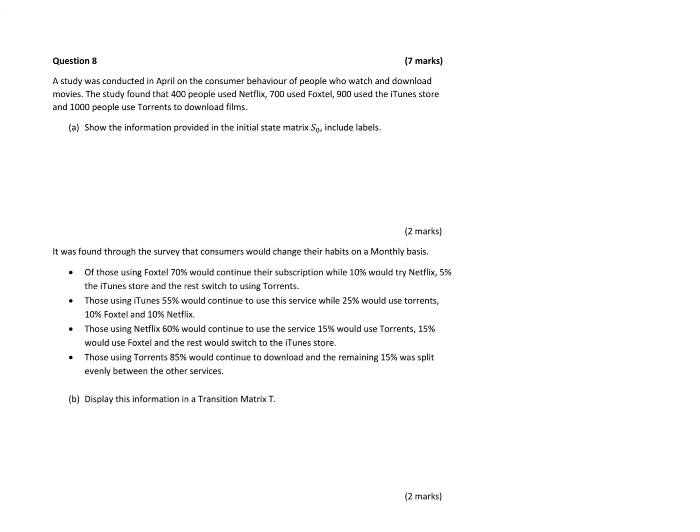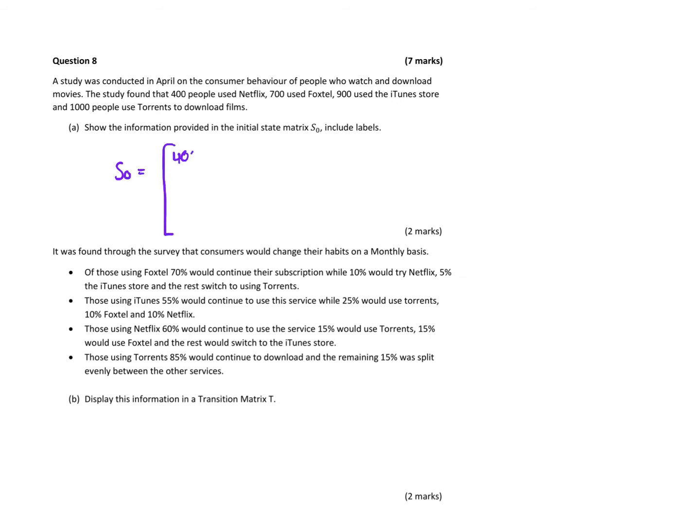A study conducted in April on consumer behaviour of people who watched and downloaded movies. The study found that 400 people used Netflix, 700 used Foxtel, 900 used iTunes Store, and 1,000 people used torrents to download films. Show this information in an initial state matrix. So they're asking you to call it S0, and that's easy.